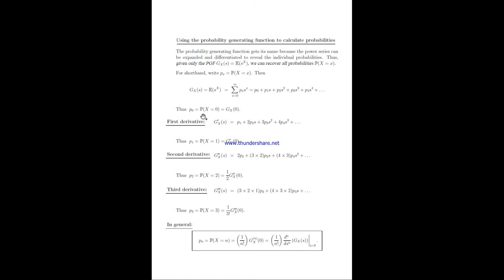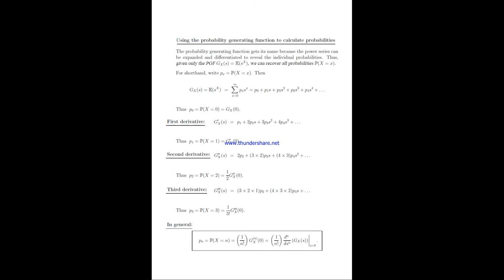In other words, P0 is the probability generating function divided by factorial 0, P1 is the first derivative divided by factorial 1, P2 is the second derivative divided by factorial 2, and P3 is the third derivative divided by factorial 3. So if you are interested in Pn, you take the nth derivative, substitute 0 for s, and divide by factorial n.